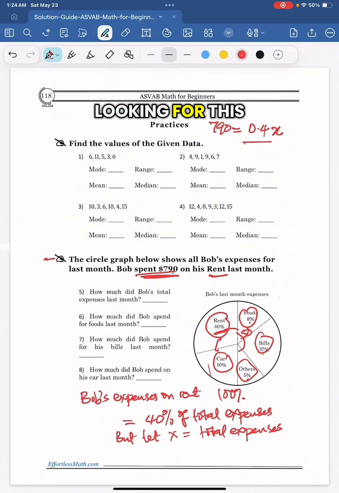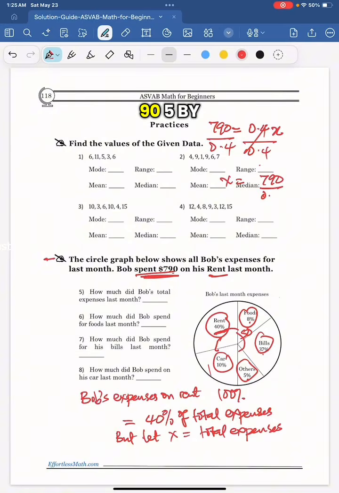Because we are looking for the sum. Now you divide both sides by 0.4, so your x equals 790 divided by 0.4. If you use a calculator, you can get this answer, $1975.